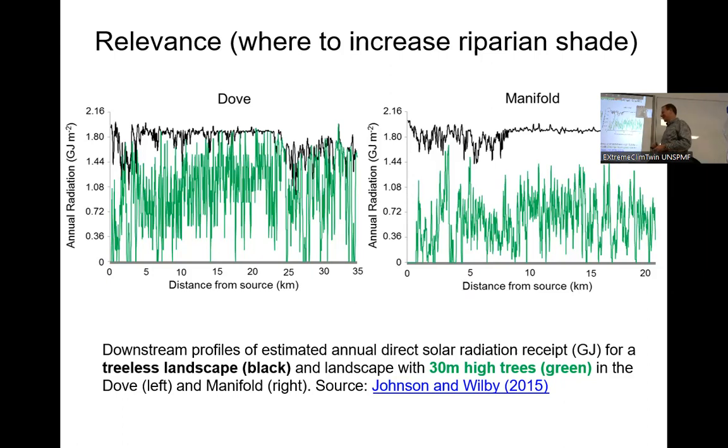With hindsight, I've often asked myself, how long would it take us to get to 30 meters of growth as an adaptation? Could be a century, so we might have used a smaller number like 5 or 10 meters in this type of study. But you get the general idea. It helps to show the sensitivity of the water temperature to the action we're taking, which is tree side planting. So it's relevant, it passes that third test.